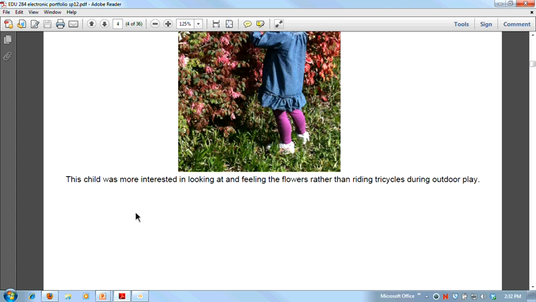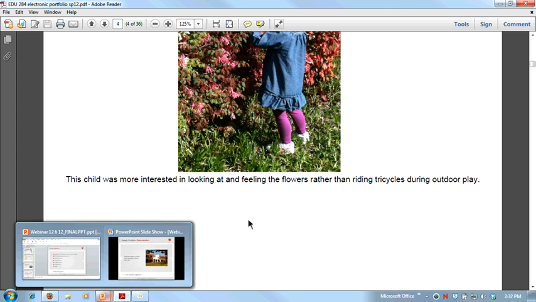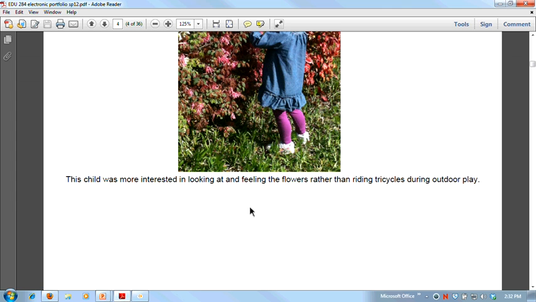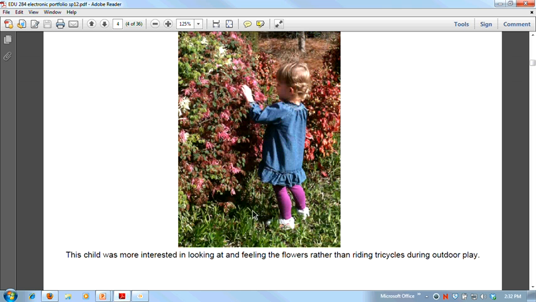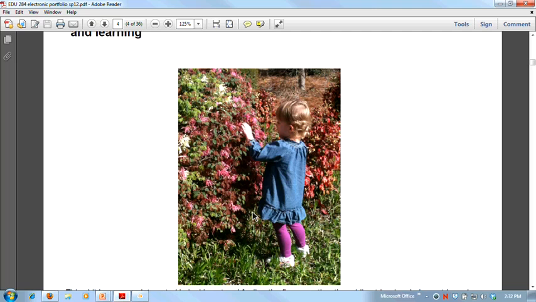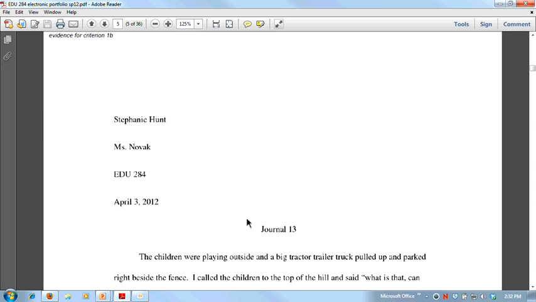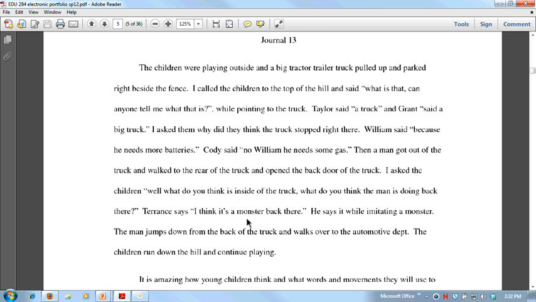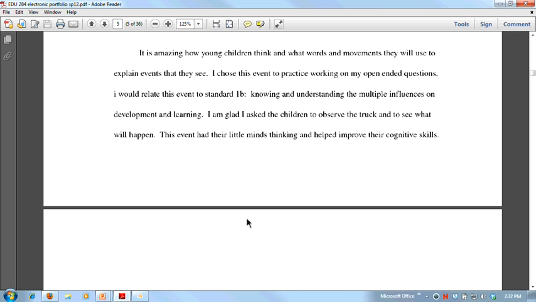Then, of course, it goes down to the next standard, and this shows her lesson plan where the student was actually exploring the environment around her, and she talks about it in her journal.